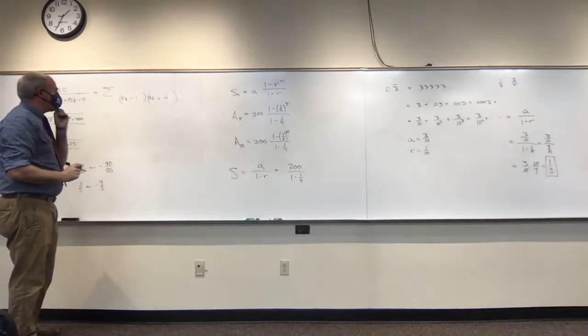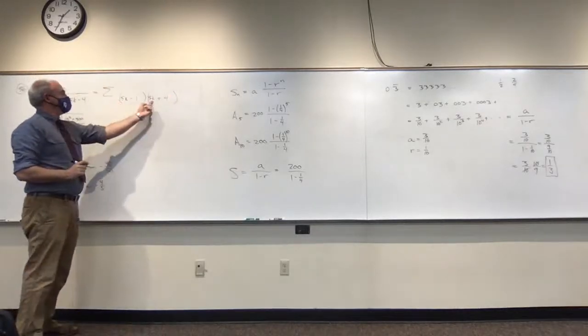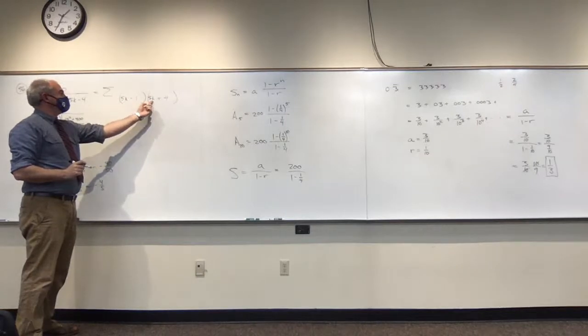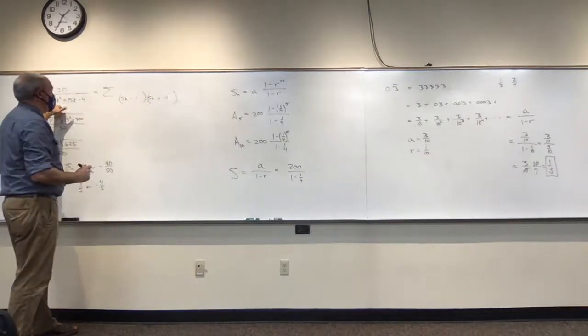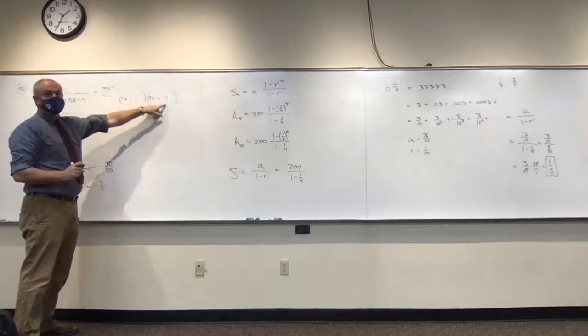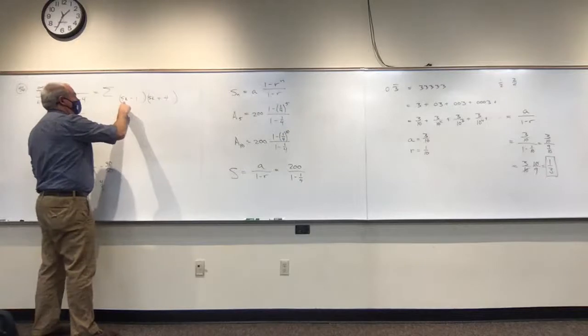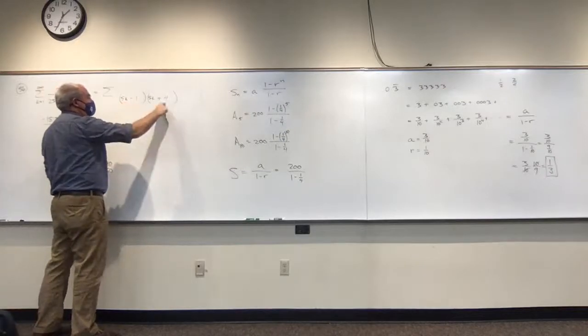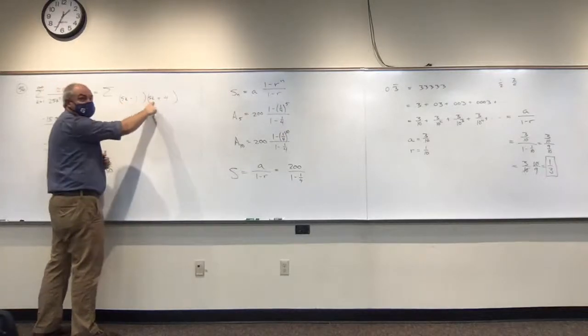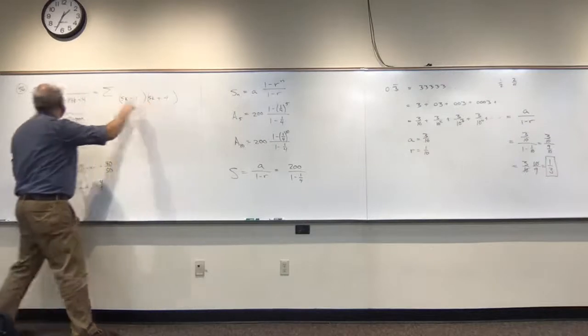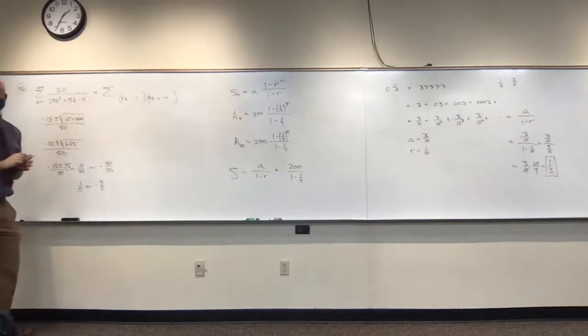Okay, so how does this work out? 5k times 5k is 25k squared. That seems good. Negative 1 times 4 is negative 4. That seems good. 5k times 4 is 20k, minus 5k is 15k.